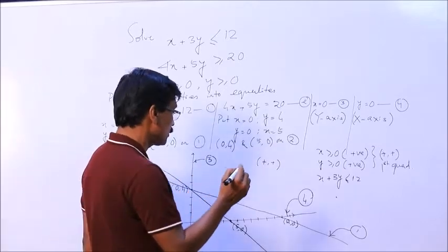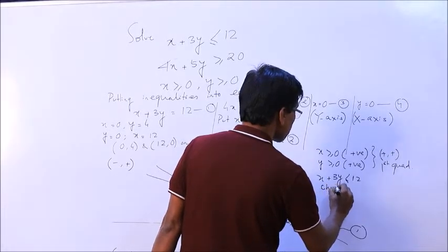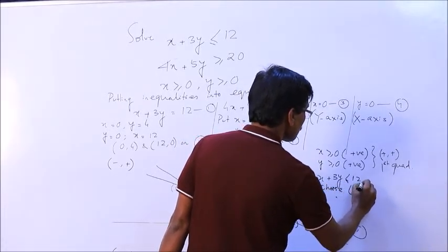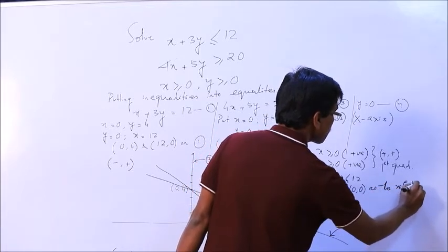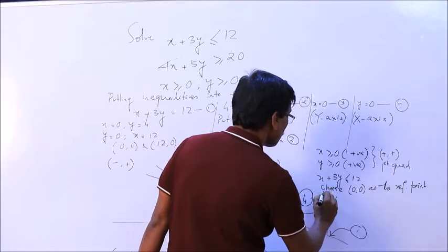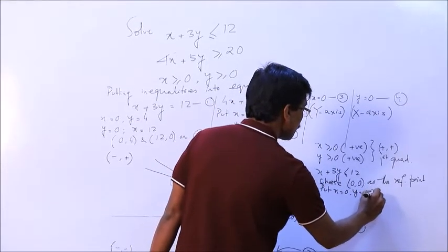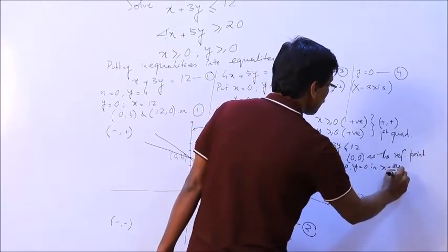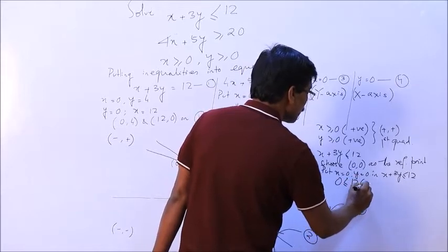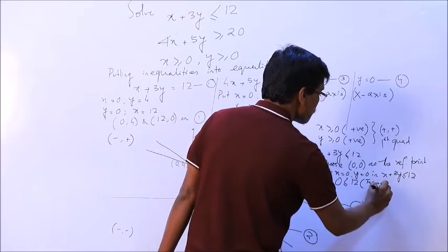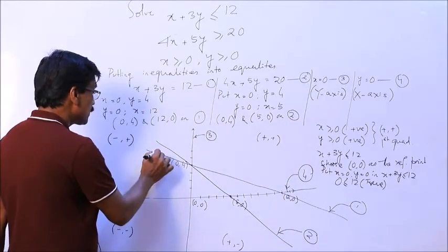So, if we choose the origin 0, 0 as the reference point and put x is equal to 0, y is equal to 0 in x plus 3y less than or equal to 12, that is 0 less than or equal to 12, it is true. So, that means it is towards the origin.